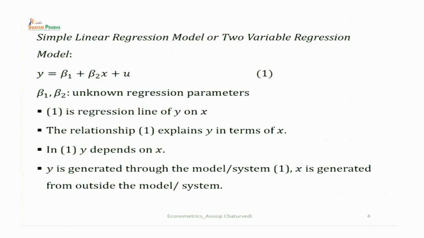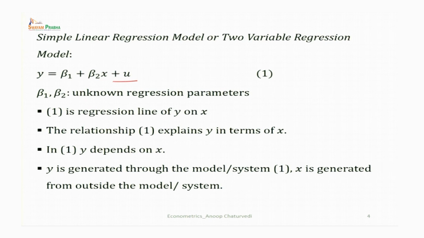So, we assume that there is a linear relationship between y and x. So, we write y equal to beta 1 plus beta 2 x. Then we also add a random error term u. These beta 1 and beta 2 are the unknown regression parameters, and of course, we have to estimate these unknown regression parameters, and for that purpose we go for some empirical study.